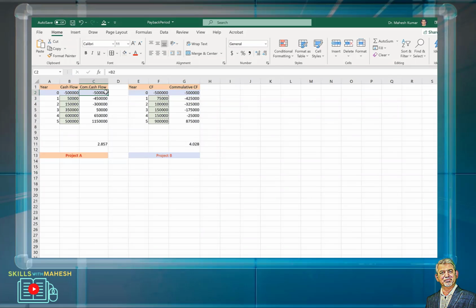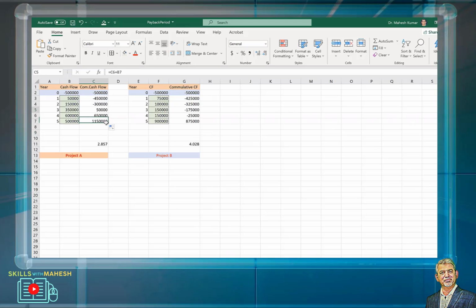So this would be in column C, row 2, so this is the C2 cell actually, right? Here I'm doing C2 plus B3. So I am adding this and getting this number. When I drag it, I get these numbers, right?